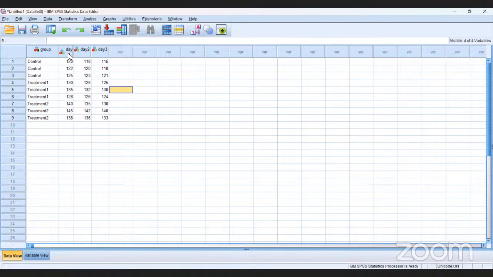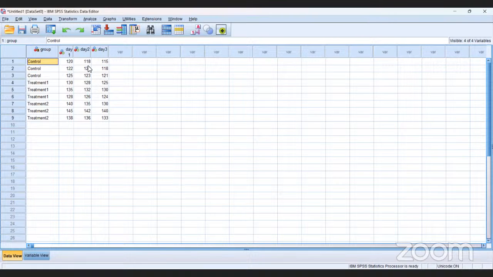And day 1, day 2, day 3. So data were collected from the same individual. Here control means same individual in the control group. This is also the same individual. Okay.